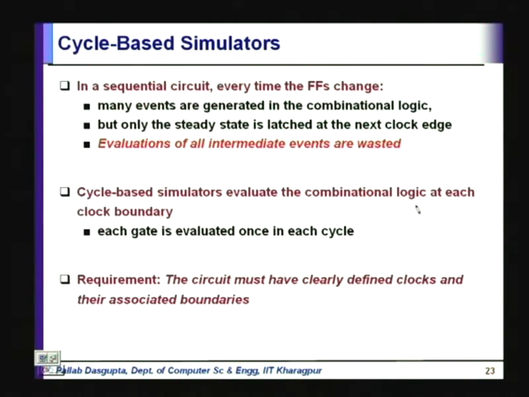Cycle based simulators evaluate the combinational logic at each clock boundary. They just look at the clock boundaries. Each gate is evaluated once in each cycle, and the important requirement is that the circuit must have clearly defined clocks and their associated boundaries. Right. The clock has to be identified.